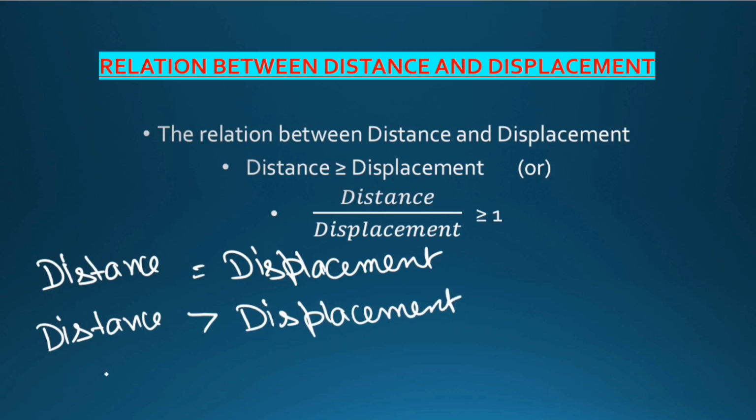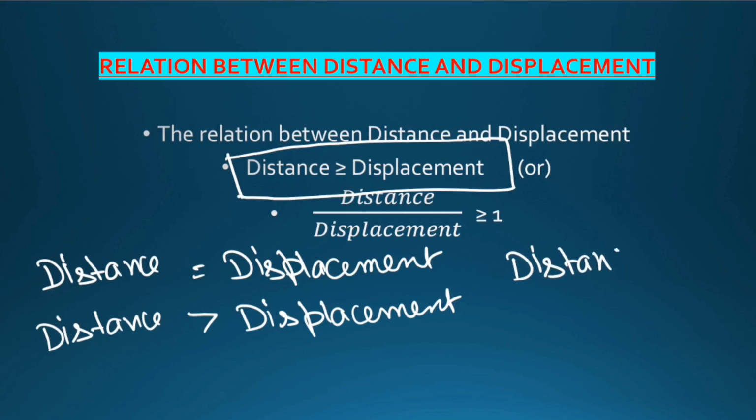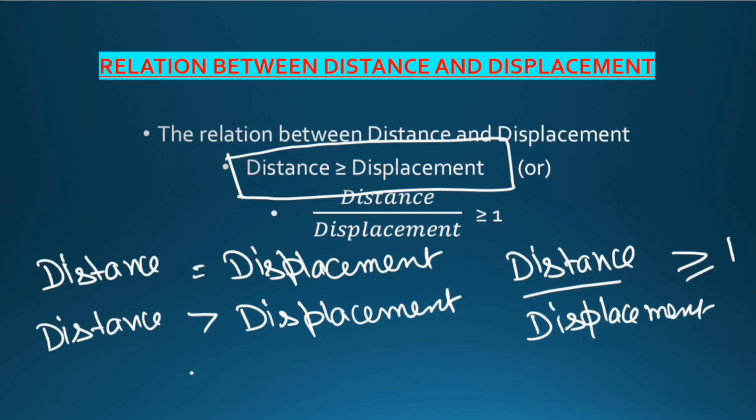But displacement can never be greater than distance. Hence, we can write distance is greater than or equal to displacement. We can say distance by displacement is greater than or equal to 1.